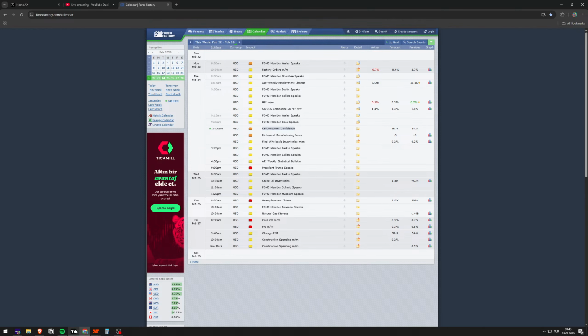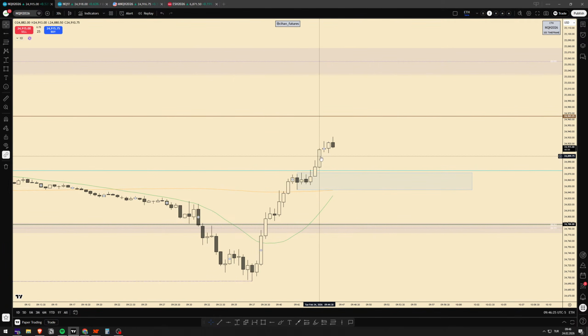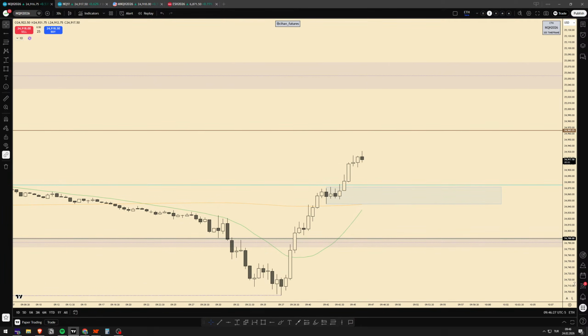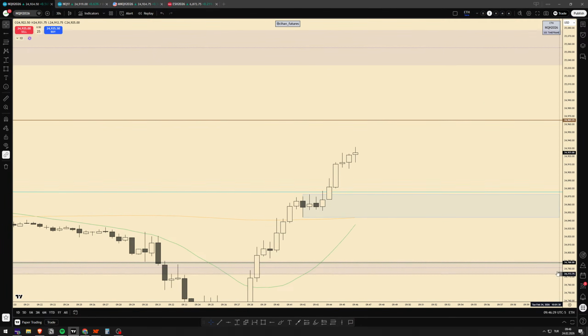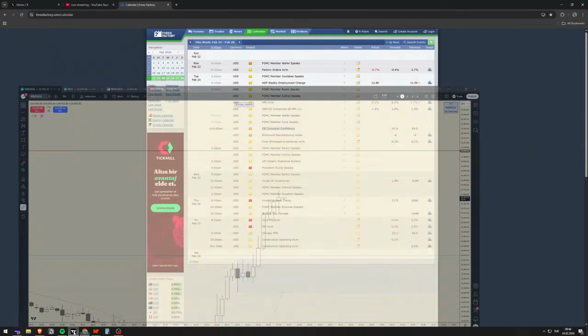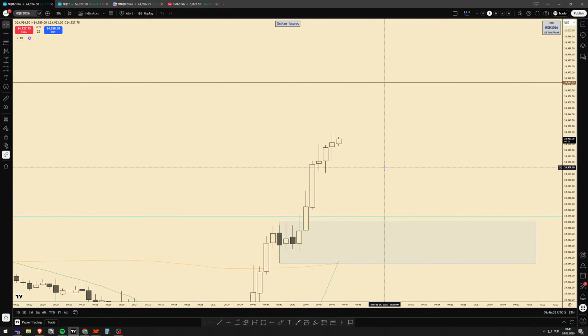Most of the times, especially if they are red ones, I don't take any setups around them. That's it. And this one used to be a red news, but now they are making it yellow. I don't know the exact reason, but still, it's not just a worthless empty rule. So I will be cautious about that news release.